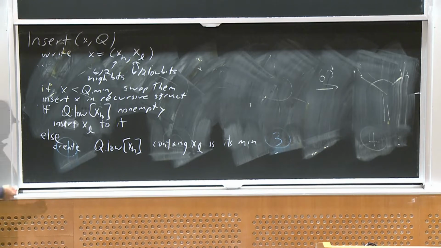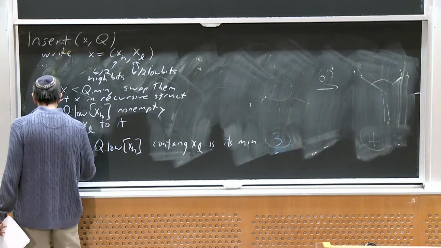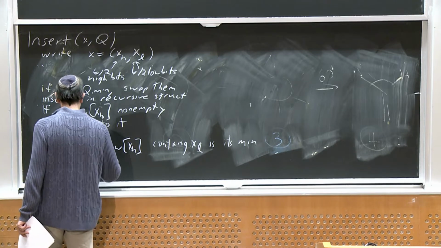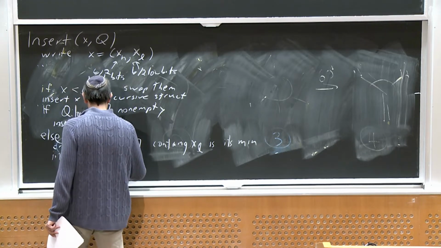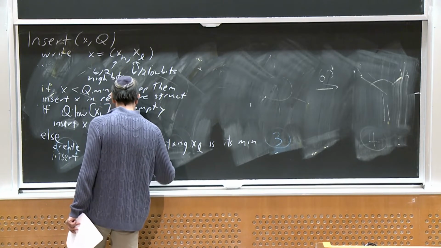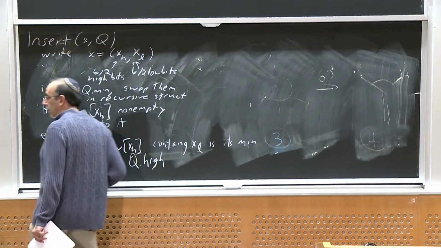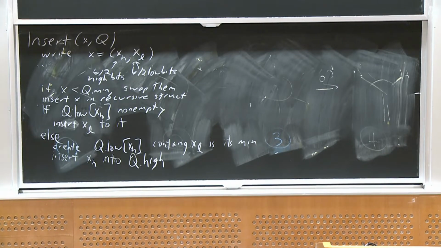And then, because that bucket is no longer empty, we need to insert xh into q.high, which is our queue of buckets. Right? So that's the whole insertion algorithm.